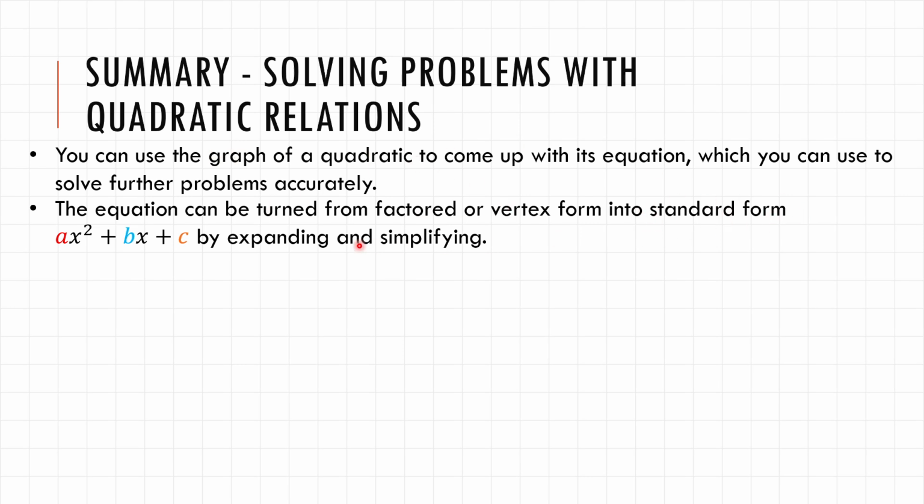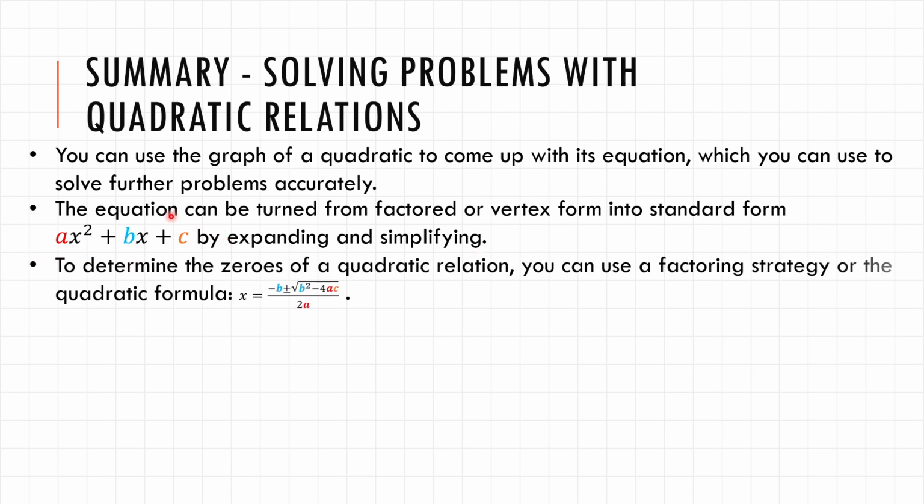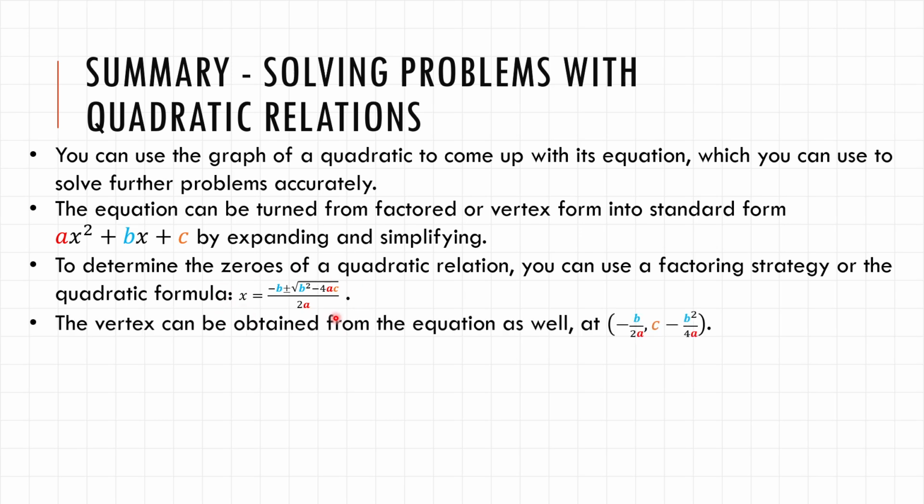And to do that, all you have to do is expand and simplify. Once you have it in standard form, like I mentioned, you can find the zeros using the quadratic formula. You can find the vertex using that formula. You can also ascertain that this would give you the maximum or minimum, the y coordinate of the vertex.